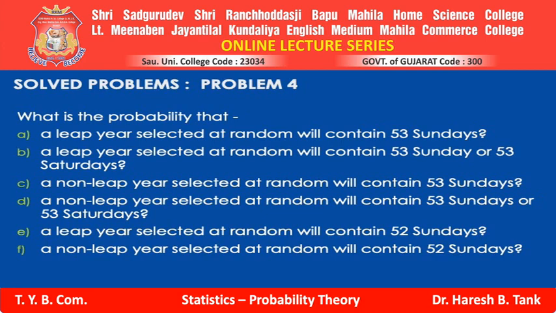Non-leap year is a key. Fourth one: a non-leap year selected at random will contain 53 Sundays or 53 Saturdays. Connector is OR with a non-leap year. A leap year selected at random will contain 52 Sundays. Fine enough. And the last one is a non-leap year selected at random will contain 52 Sundays. Fine enough. Let us see one by one.